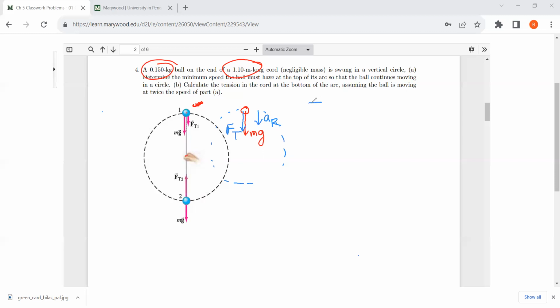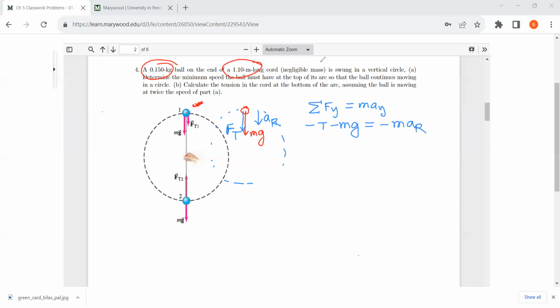Now if I write Newton's second law, Fy equal to ma, I can write that minus t minus mg, because both are downward, so we have minus sign for both, and centripetal acceleration is also downward, so another minus sign.